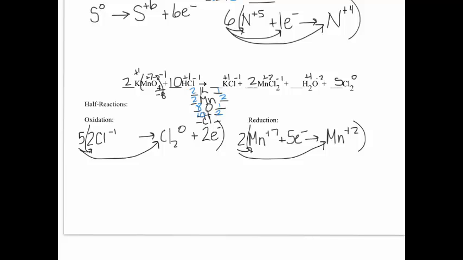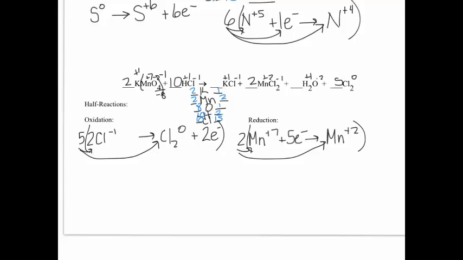And then chlorine, on the reactant side, it's only in one spot, and with the coefficient, I have 10, which is a good start. But on the product side, I have 1 here, 2 times 2, which is 4 here, so that's a total of 5. And then 5 times 2 here, which is 10, so that makes a total of 15 Cl's.